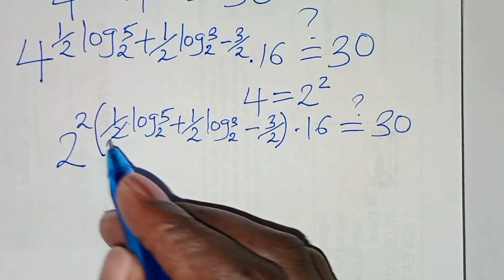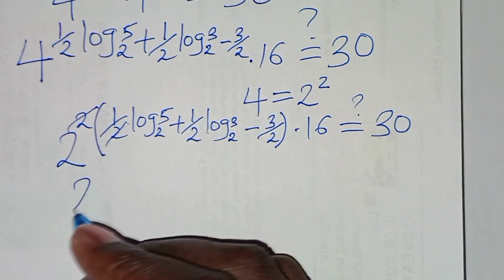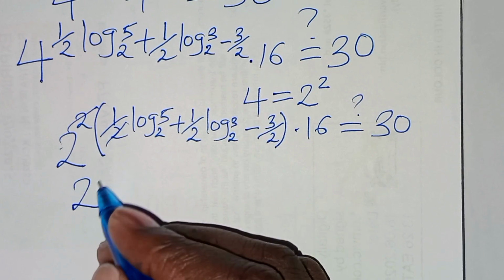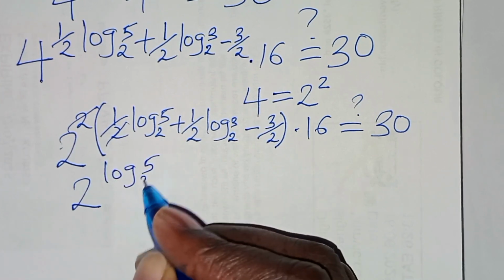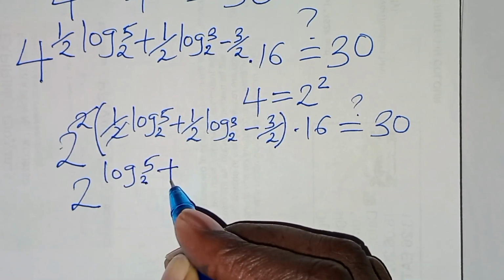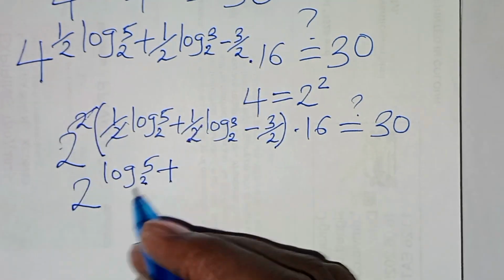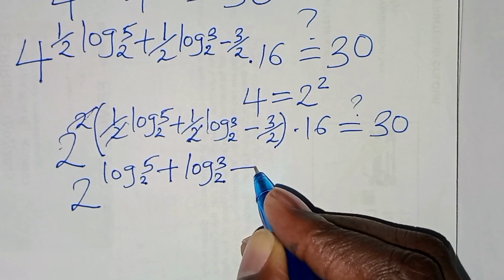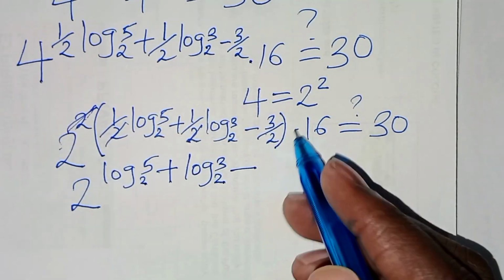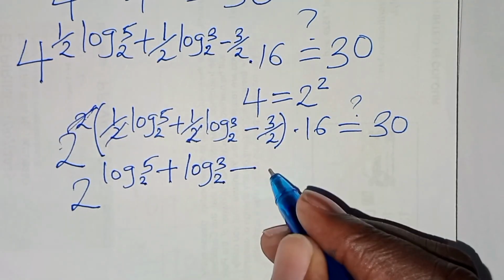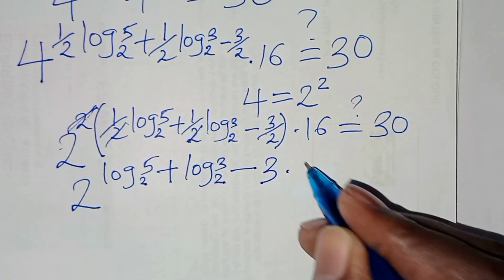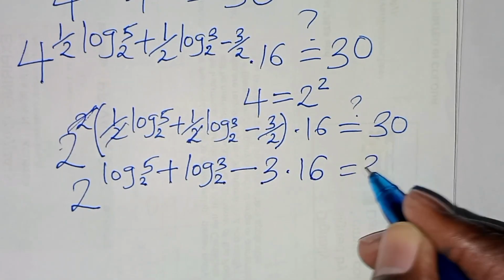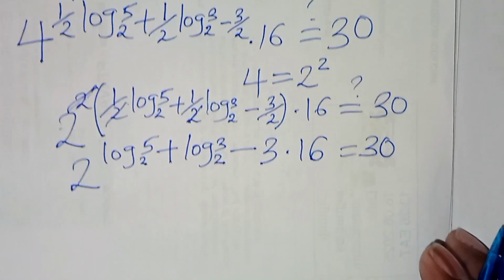Now let's simplify so that we open the bracket. So we'll have 2 to power log 5 to base 2 plus log 3 to base 2 subtract 3, multiplied by 16. This is supposed to give us a value of 30.